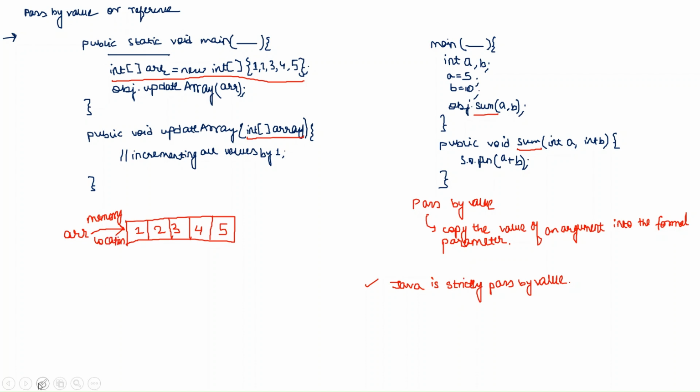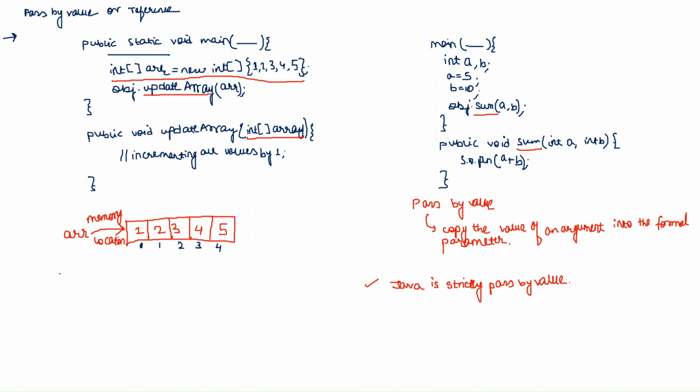And here are the indexes 0, 1, 2, 3, 4. Now we pass it to the updateArray method as an argument, where we have an integer type array. When we pass it, it passes by value, so a copy of the value of the argument is given to the formal parameter.